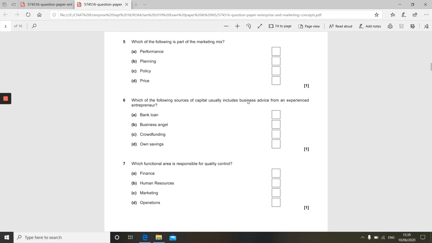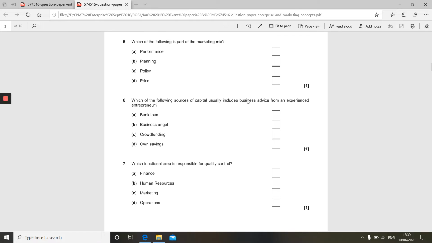Are you going to get advice from a bank loan? A business angel? Crowdfunding? Or your own savings? So using your knowledge organiser or your school notes, have a look and think which one of those will give you advice as well.